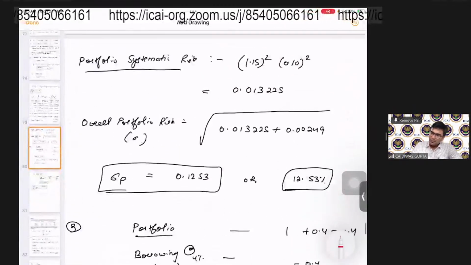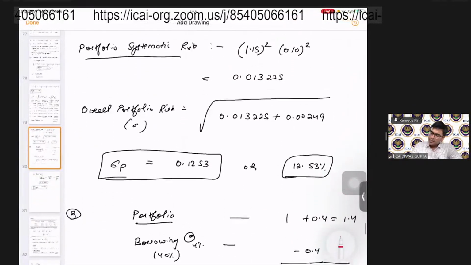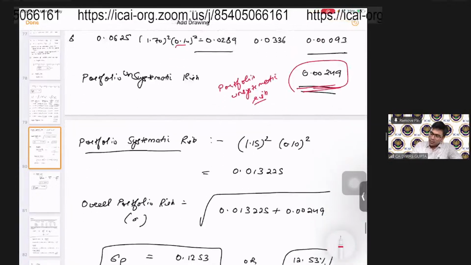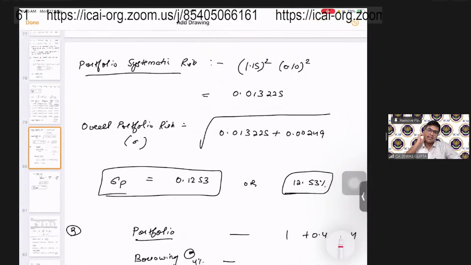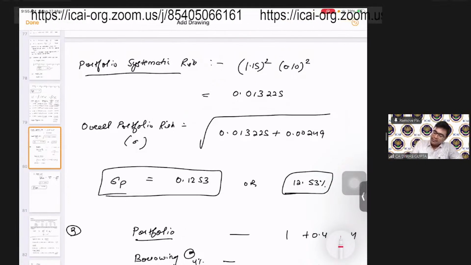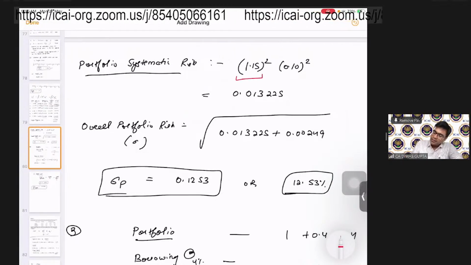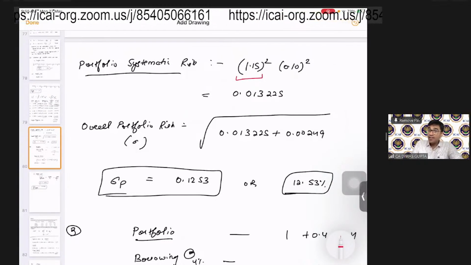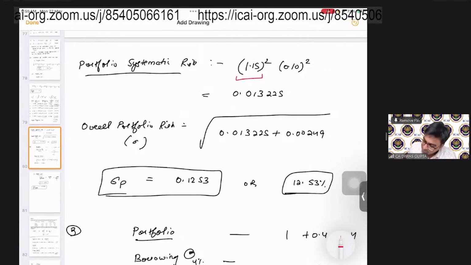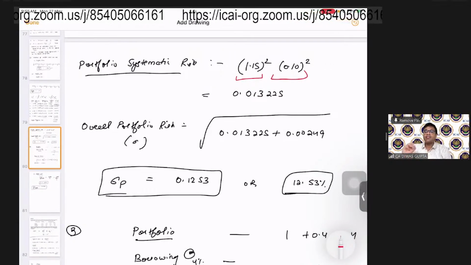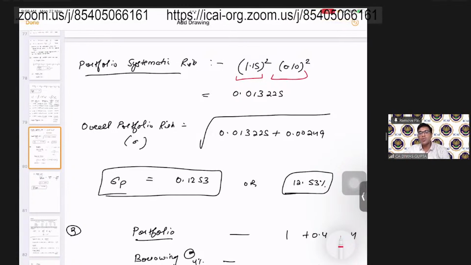Now, I was saying that this is the unsystematic risk. Now let's come to the systematic risk. Systematic risk is the portfolio beta, which is already the weighted average beta, right? 1.15 raised to the power 2 multiplied by the market standard deviation square, which is 0.10 square.